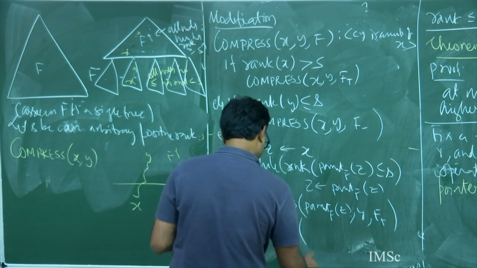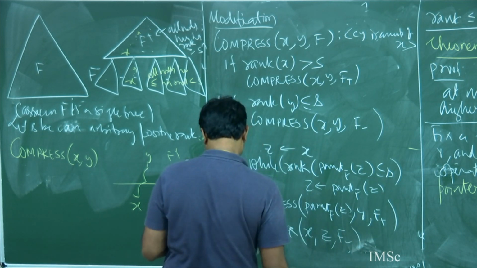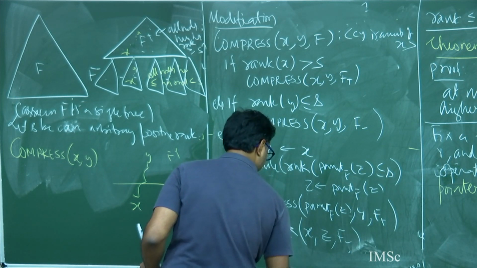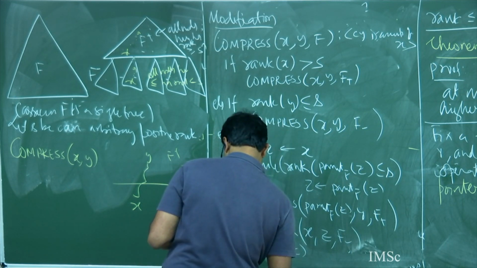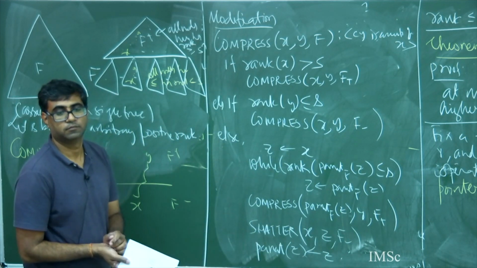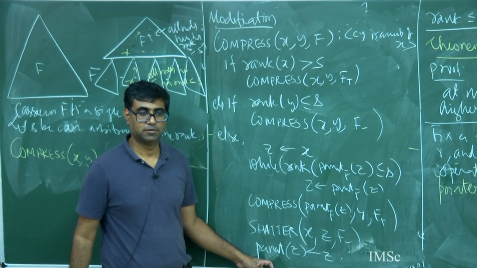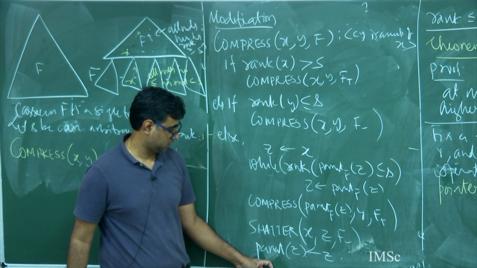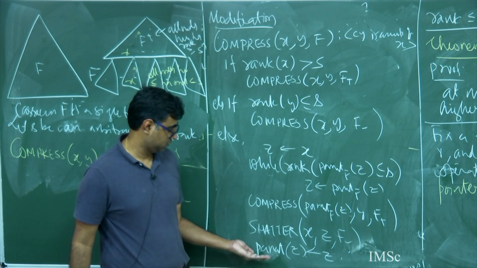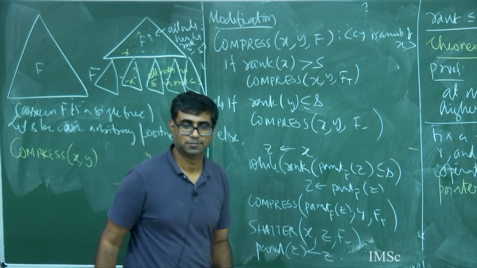Shatter X Z in F minus. Right? This looks redundant, no? This pointer looks redundant, no? Because anyway we are shattering from X to Z out, but we'll need this.